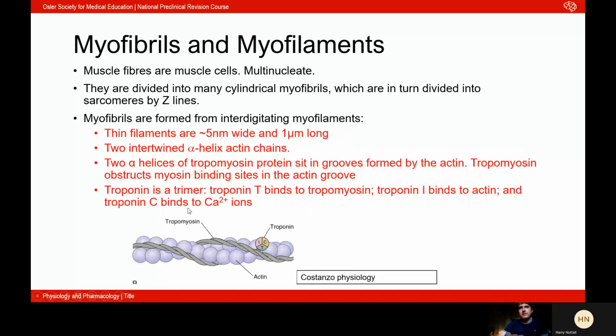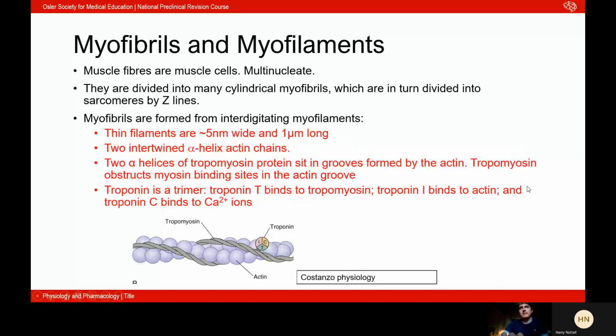But there's the thin filaments, which are much narrower, and they consist of two intertwined alpha helix actin chains, which we can see in the diagram here. So the key molecules that act with this chain are the troponin molecules and the tropomyosin molecules.